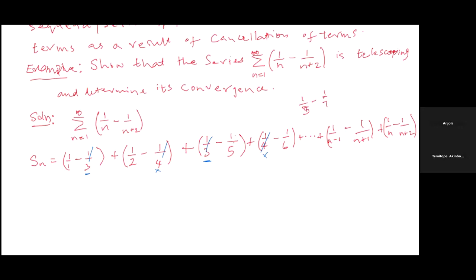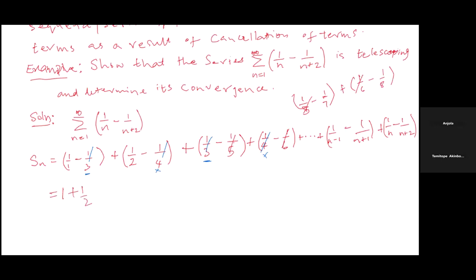Yes, sir. And if you go to n equals 6, you have 1 over 6 minus 1 over 8. So you can see that this will take care of this. So you will now be left with 1 over 1, which is 1, plus 1 over 2 from the second term here.